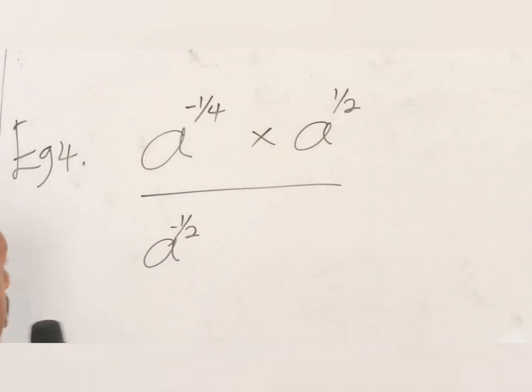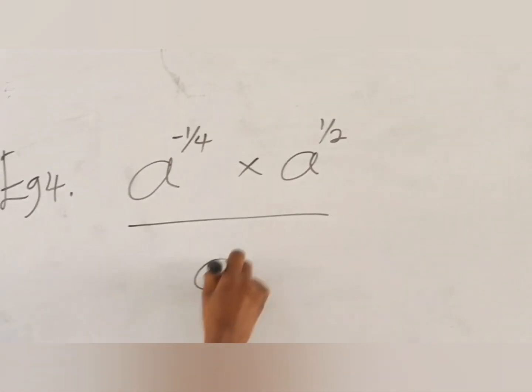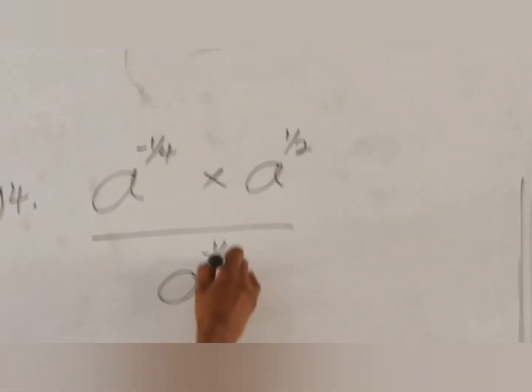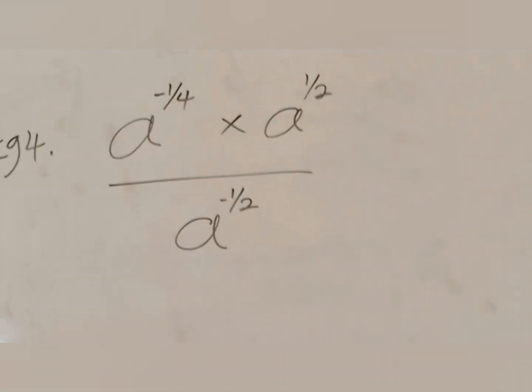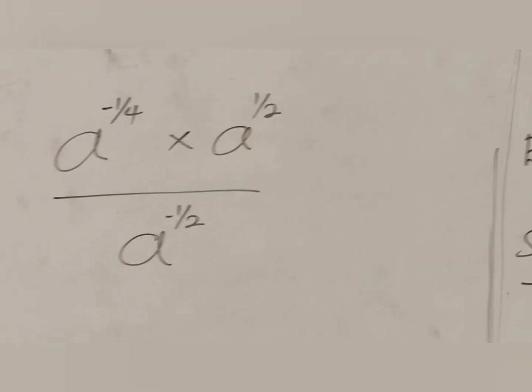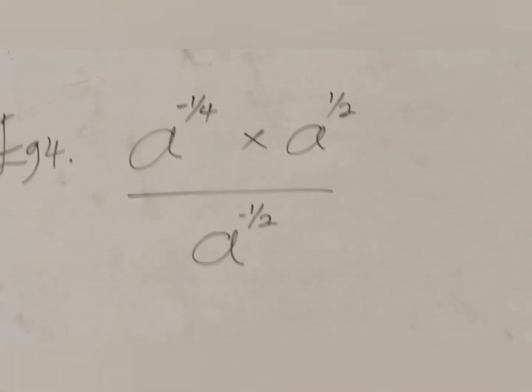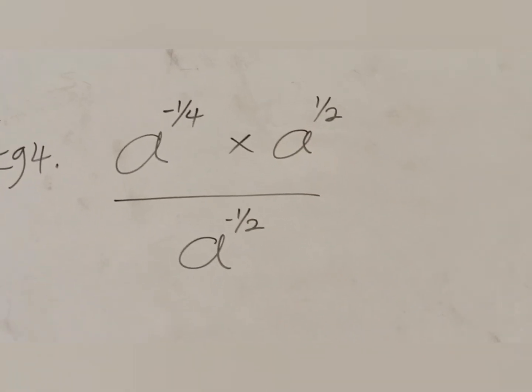Is that all? Then let me write it in the middle. A to the power negative 1 over 2. Are you all here? Write the question and put your pens down.